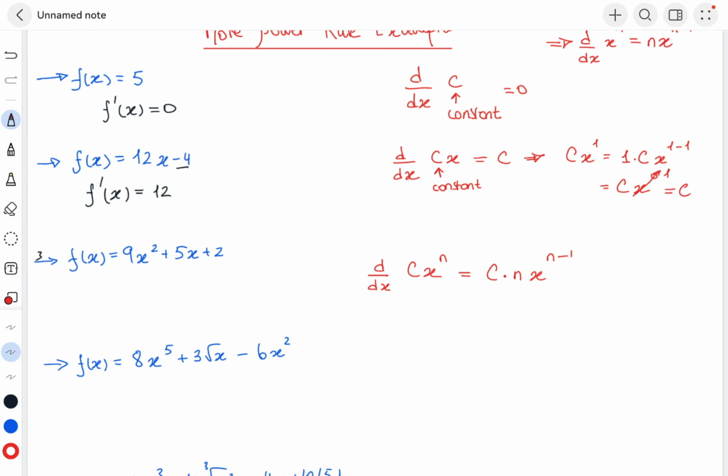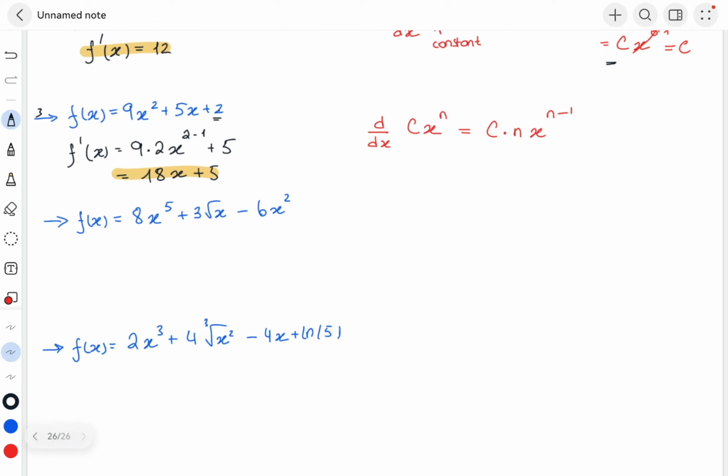So in that case, we'll have 9 multiplied by the power x to the power of 2 minus 1, plus 5x, we did it here, where we'll have 5 by itself, and plus 2, it is a constant, so it will be 0. Anything that does not have an x next to it will become 0. So here our final answer is 9 times 2, which is 18, x to the power 2 minus 1, which is 1, x plus 5. This is our final answer.